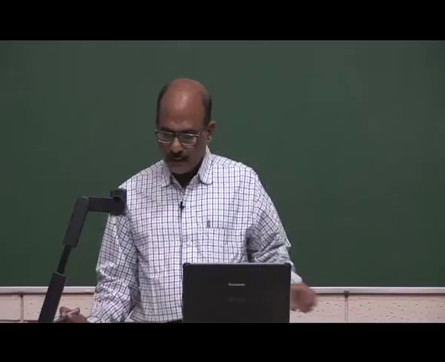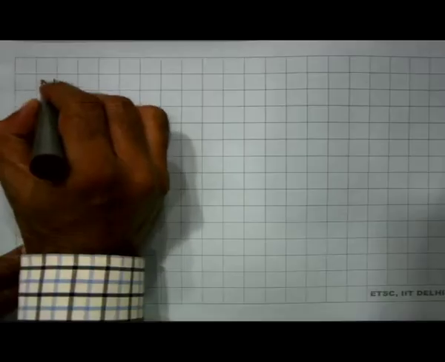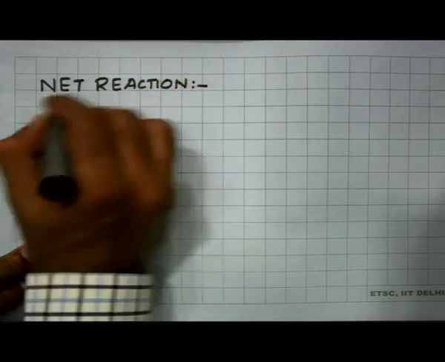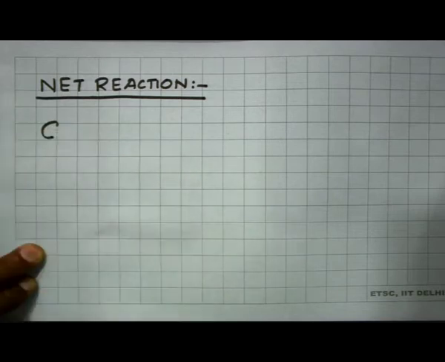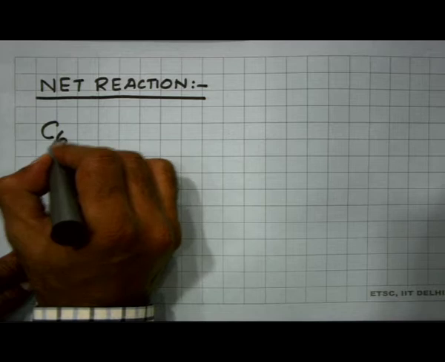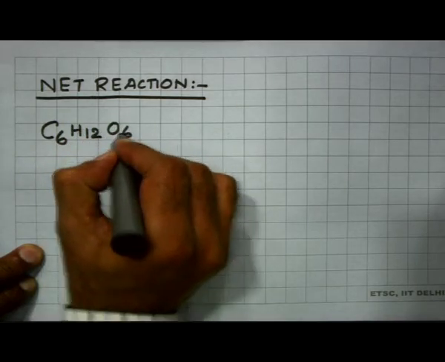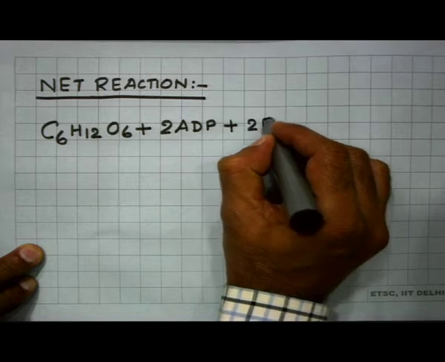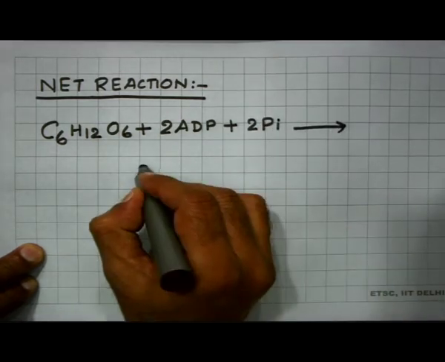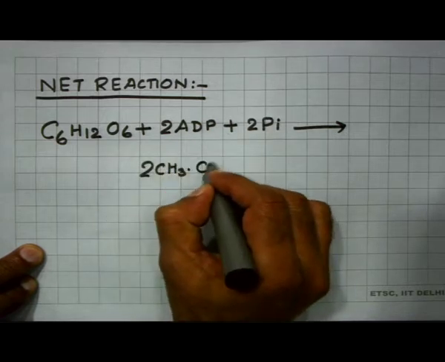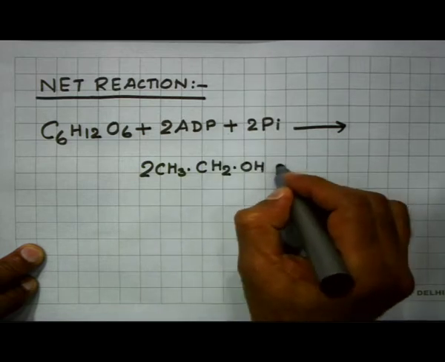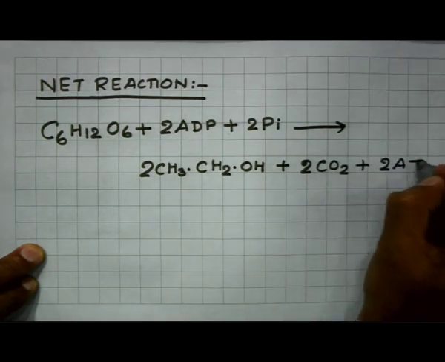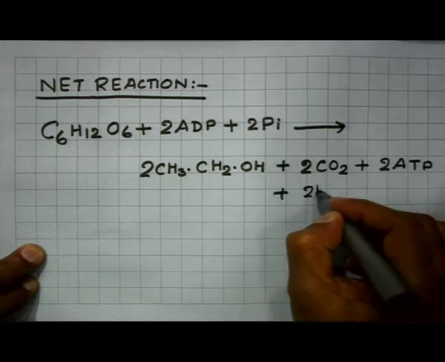So, finally, the net reaction of alcoholic fermentation, starting from the glucose molecule: C6H12O6 plus 2 ADP plus 2 Pi converts into CH3CH2OH plus 2 CO2 plus 2 ATP plus 2 H2O.